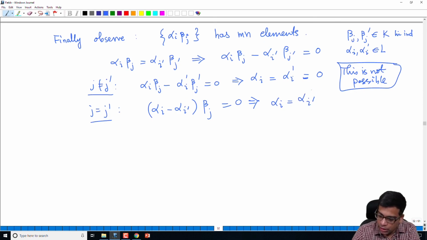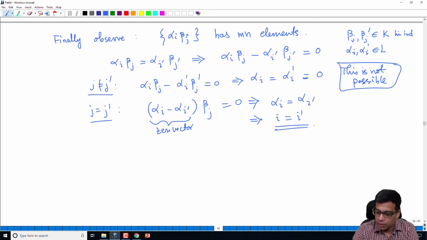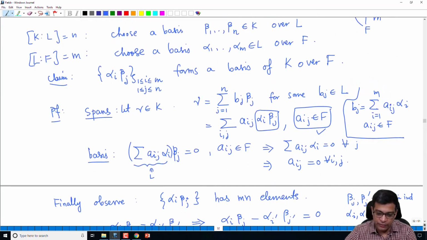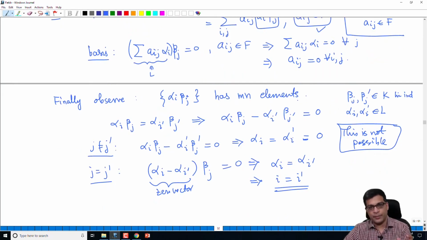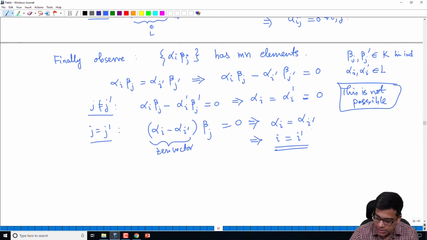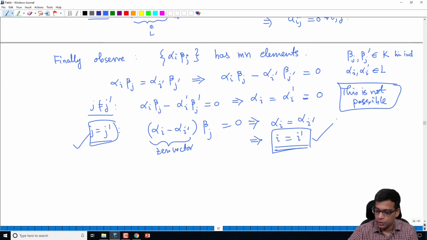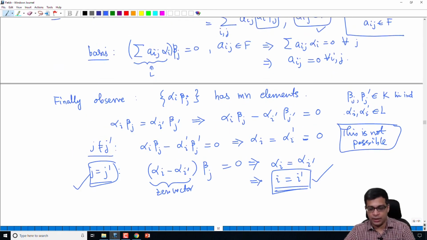Any non-zero vector times a scalar being 0 means that the scalar is 0, so alpha_i is equal to alpha_i'. This means i must be equal to i', again invoking the fact that alpha i's form a basis. No two of them are equal. So the only possibility is i equal to i'. So j is equal to j' and i is equal to i'. So we do have mn distinct elements.